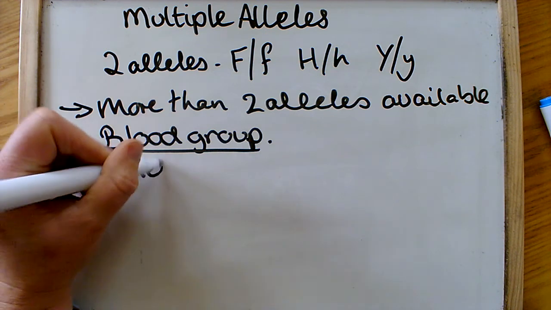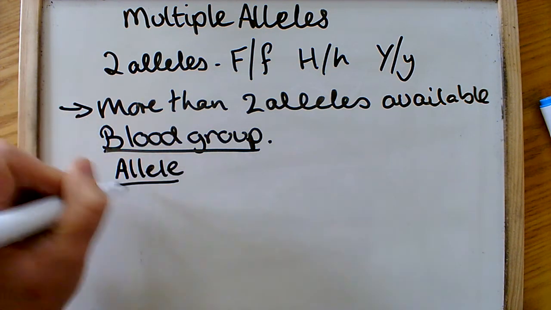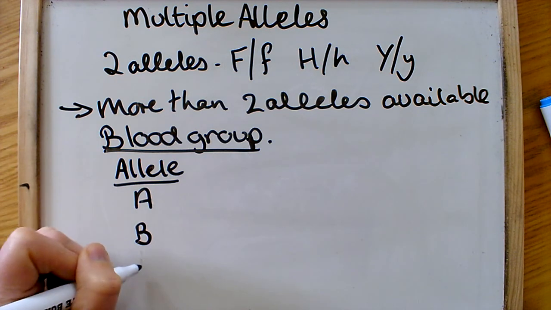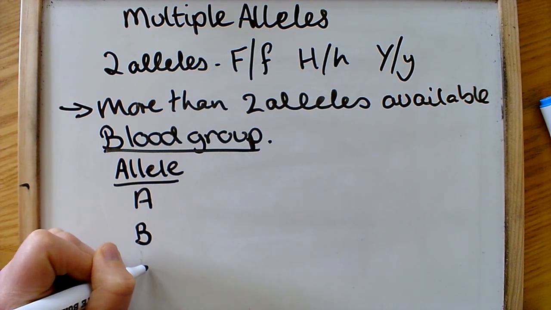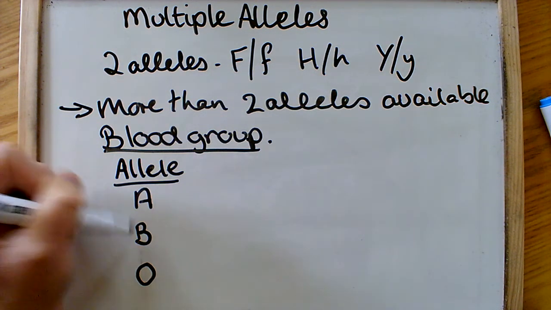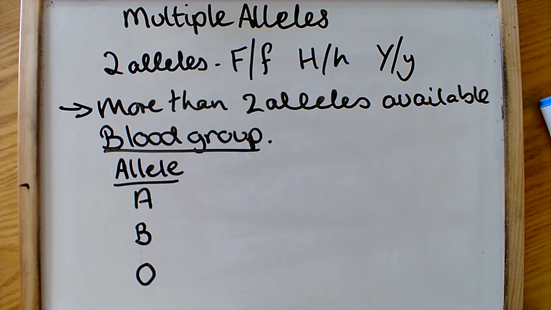So if we have our alleles here, we could have allele A, we could have allele B, or we could have allele O. Okay? And what we need to be aware of is that A and B are co-dominant to each other. Okay? But both A and B are dominant to O. Alright?